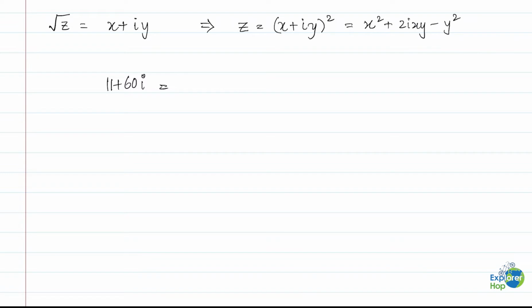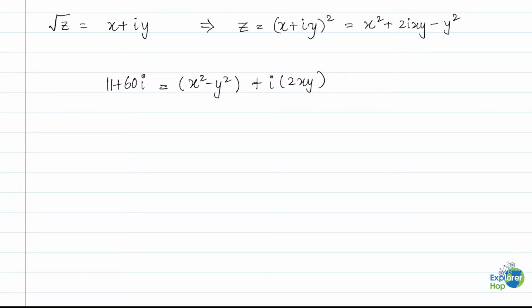Now I'll write it in the form where I separate the real part and the imaginary part. So the real part would be x squared minus y squared, and the imaginary part would be 2xy.